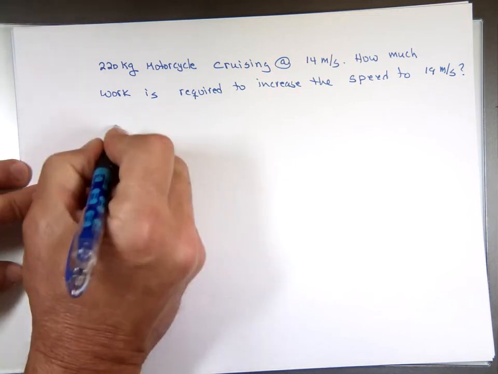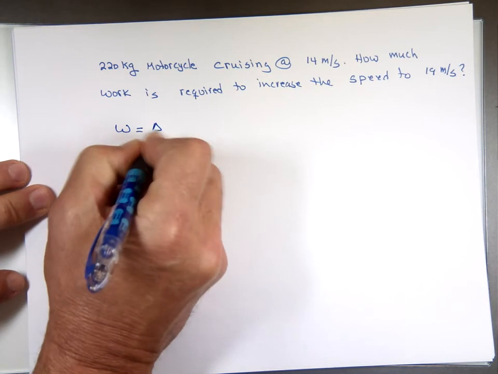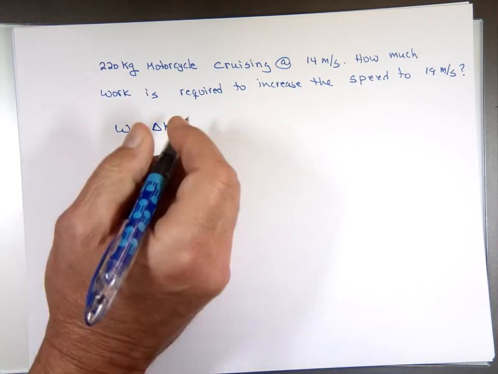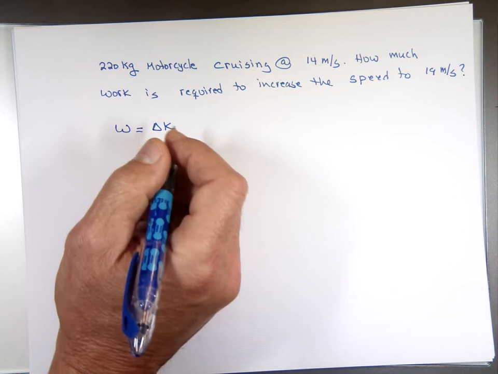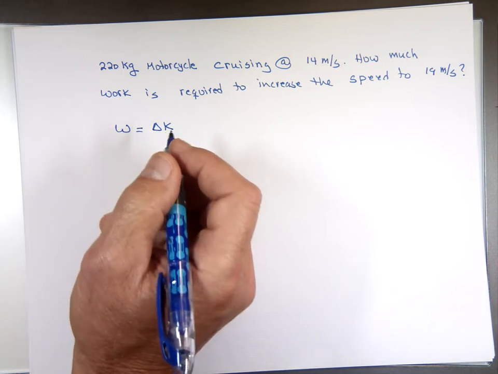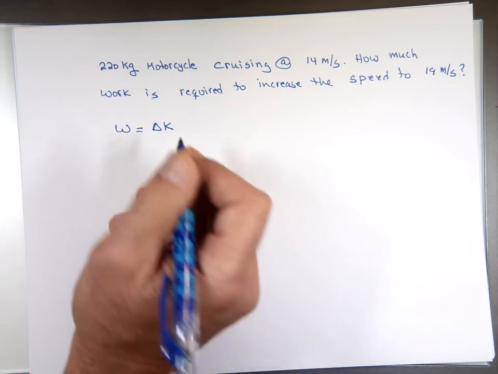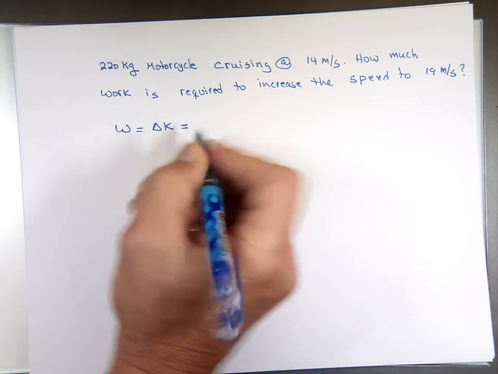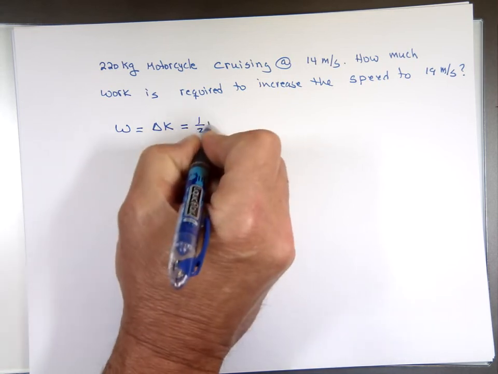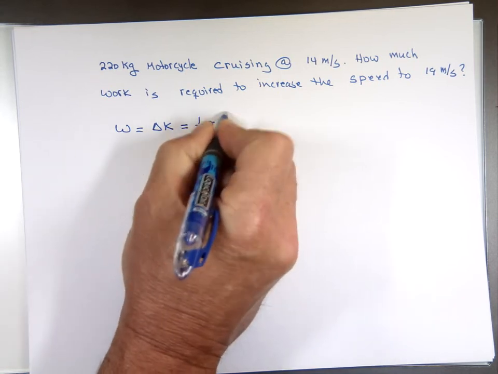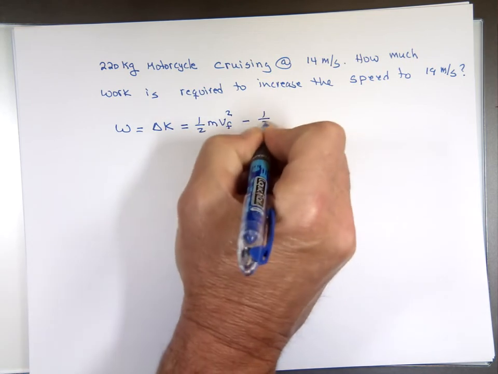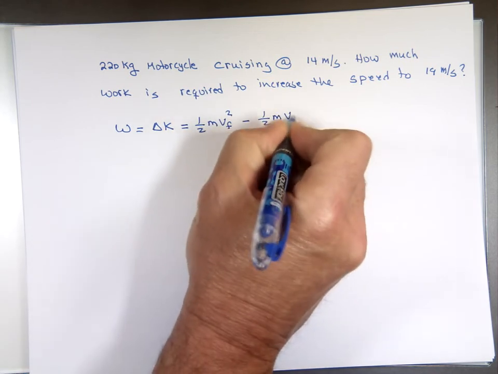Again, the work equals the change in kinetic energy. Change in kinetic energy is 1/2 mv final squared minus 1/2 mv initial squared.